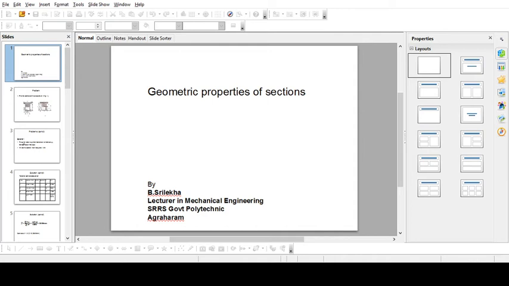So a into y is 20 into 225, which is 4500. Next, the area of the semicircle is pi r square by 2.